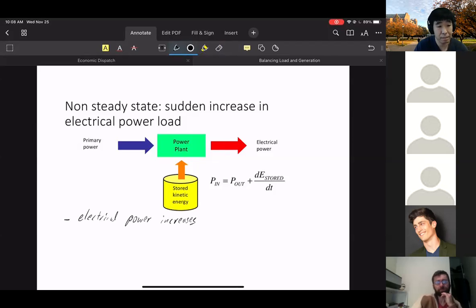But the primary power cannot change fast.